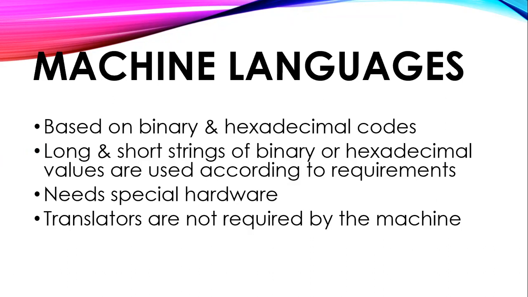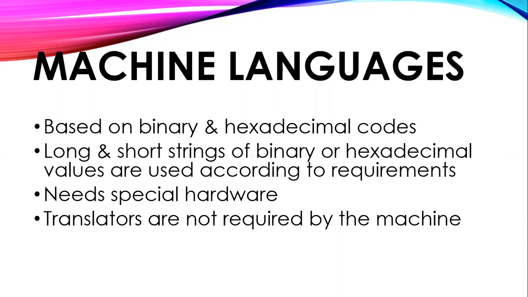The whole instruction entered into the machine through machine language was based on either binary language, only zeros and ones, or hexadecimal codes, which made programming very difficult in the earlier stages. Then the same issue: it needs special hardware.